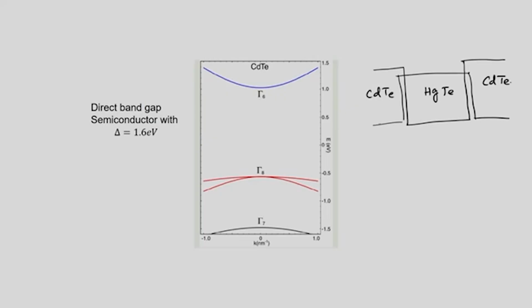So, this is the structure, and there is something very interesting about HgTe, which is what will be talked about. However, CdTe is a well behaved semiconductor.